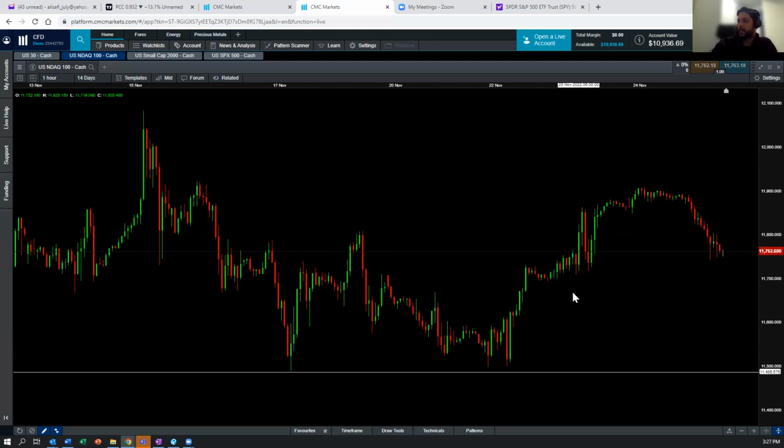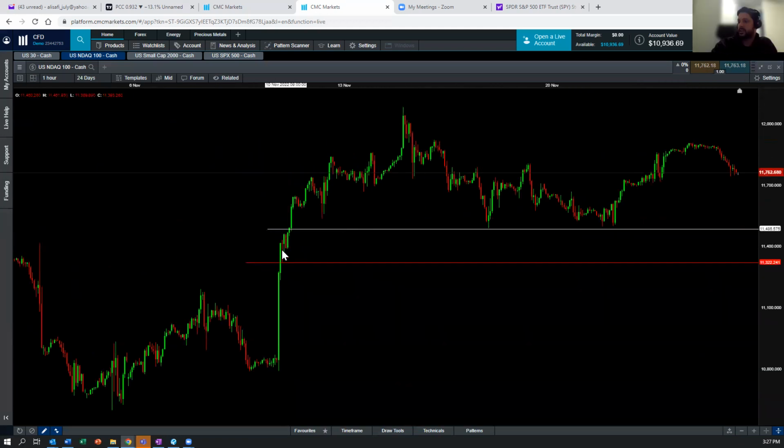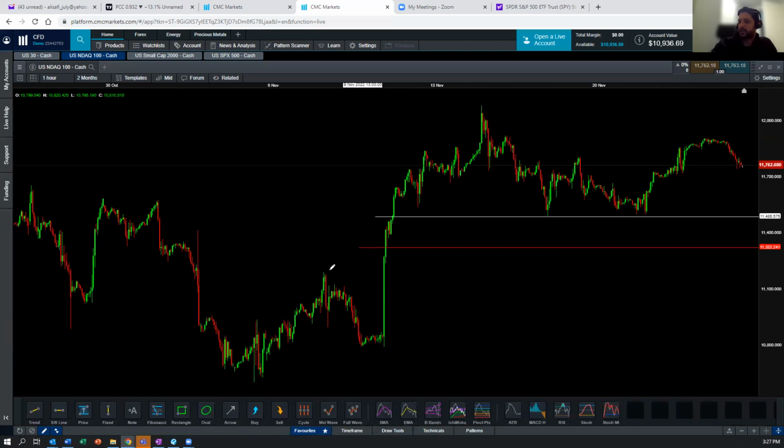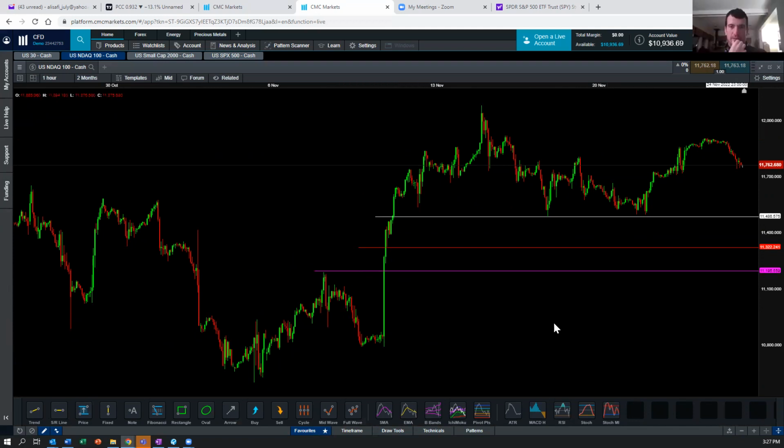So if we take out this, we are going back down there. And if we take out this area, we are going to the middle of this candle. The first target area would be on top of this, which is 11,195. That's TP1. If you have a position, TP1 is here.